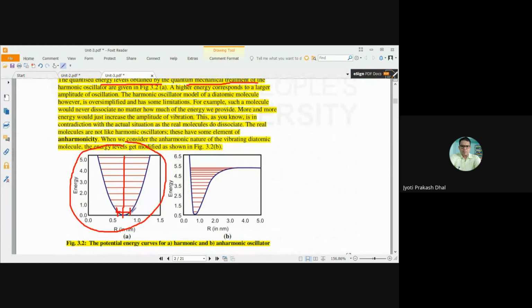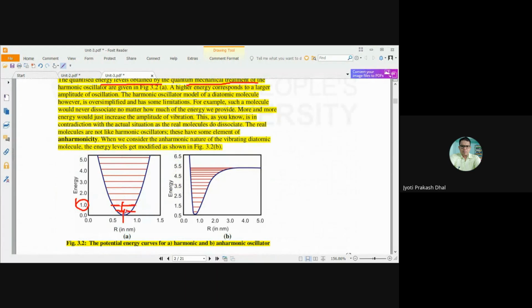That means when electromagnetic radiation of the infrared region falls on the diatomic molecule, the bond between the two atoms will undergo vibration. This is Req, the equilibrium distance between the two atoms. When it undergoes vibration, it will undergo compression or expansion. And similarly, when the energy of the electromagnetic radiation increases, the extent of compression and expansion will also increase.